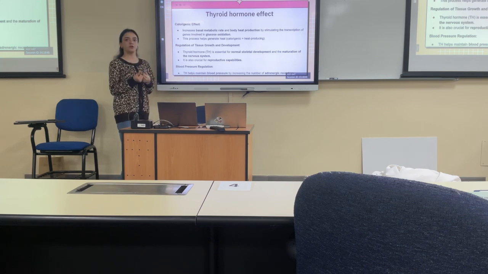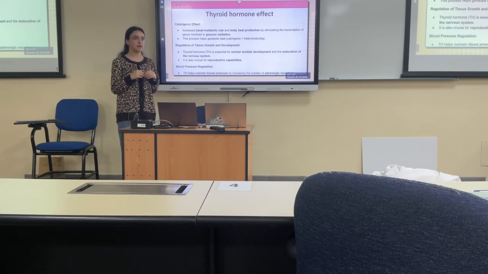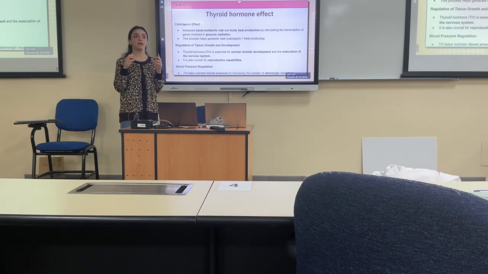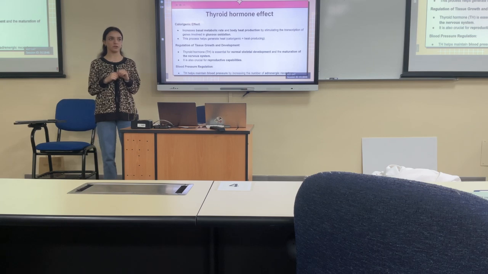What effect does thyroid hormone have on our body? Thyroid hormone is the major hormone that controls our metabolic rate, and thus it increases our basal metabolic rate and our body heat production. How does it do that? By stimulating the transcription of genes that are responsible for glucose oxidation. You guys took glycolysis, right? In glycolysis, it produces ATP.